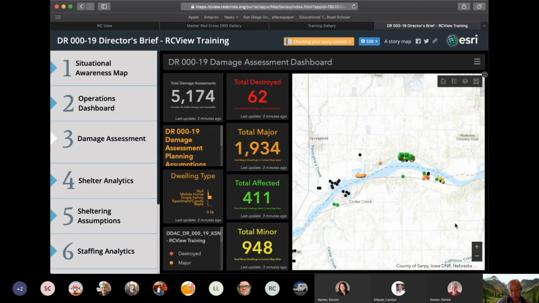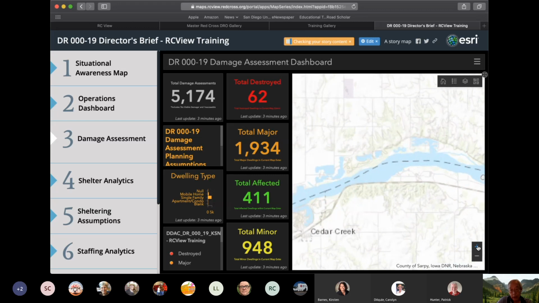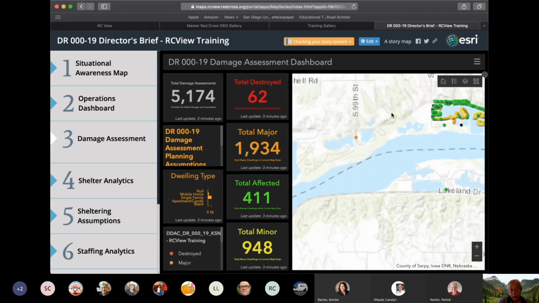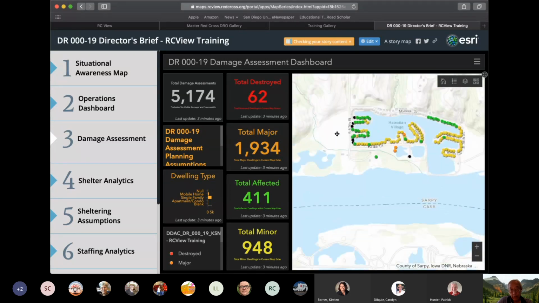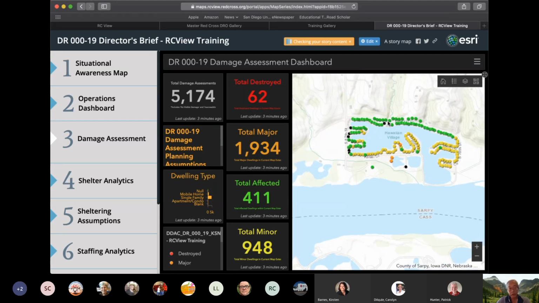Maybe in this area here, for example, there's an area right in here, a lot of green, a lot of affected, and you would maybe think about Hawaiian Village, that these folks would probably head back to their homes. Maybe they might have been in a shelter.